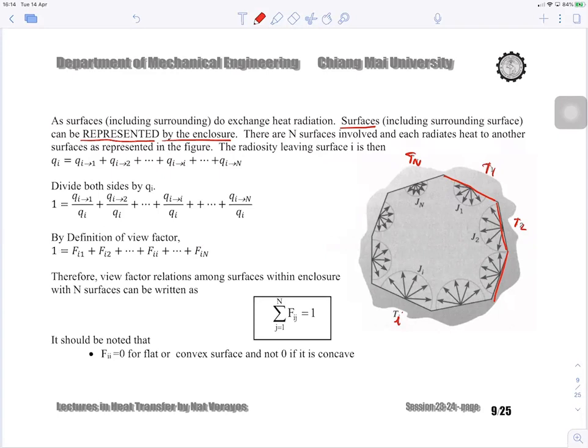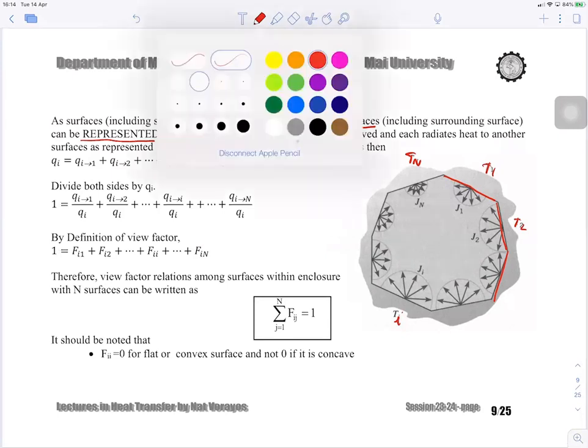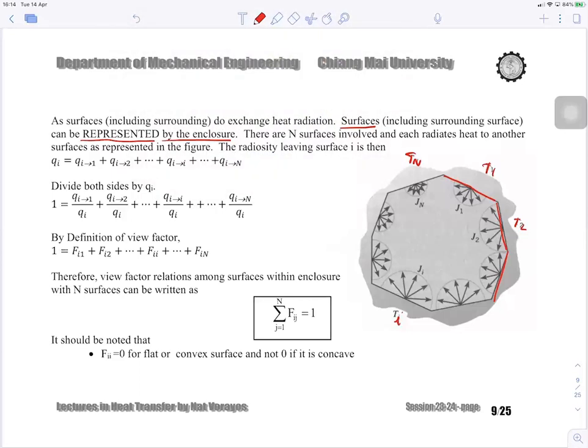And in this case, if you take a look at the surface i over here, the surface i itself emits the energy out, right?